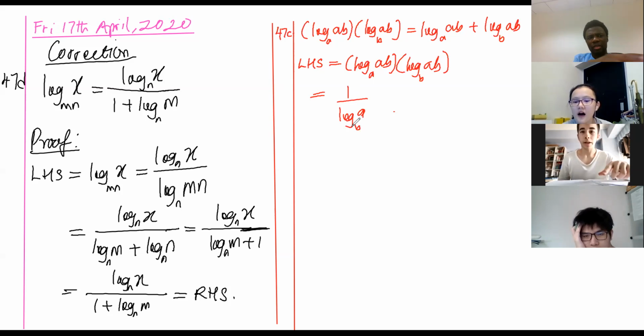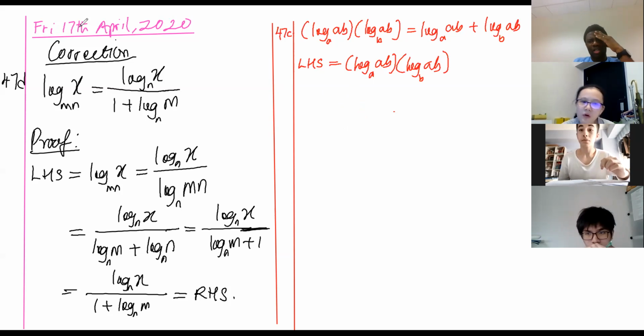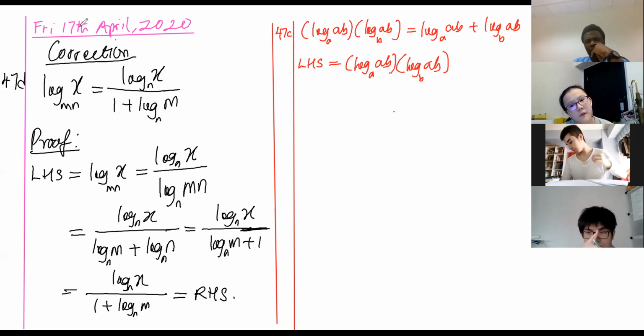Yes, and then the 1 can be converted to log AB to the base of AB. Okay, I'm still trying to see how that will help. Can I have another suggestion? Anyone else? Nice try, Alex.